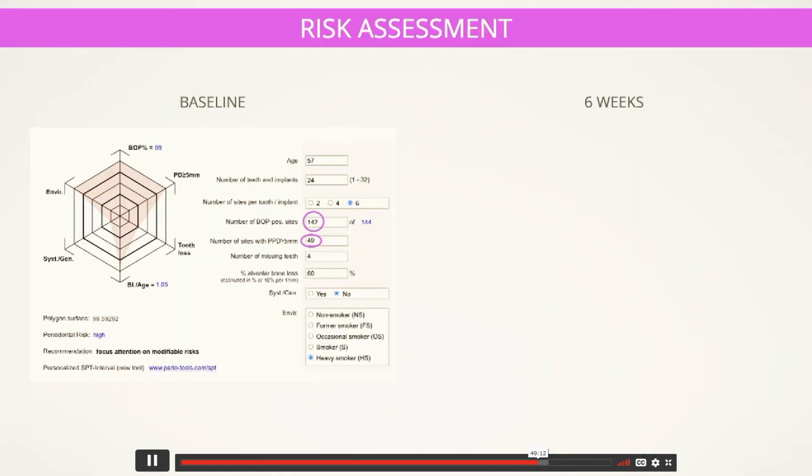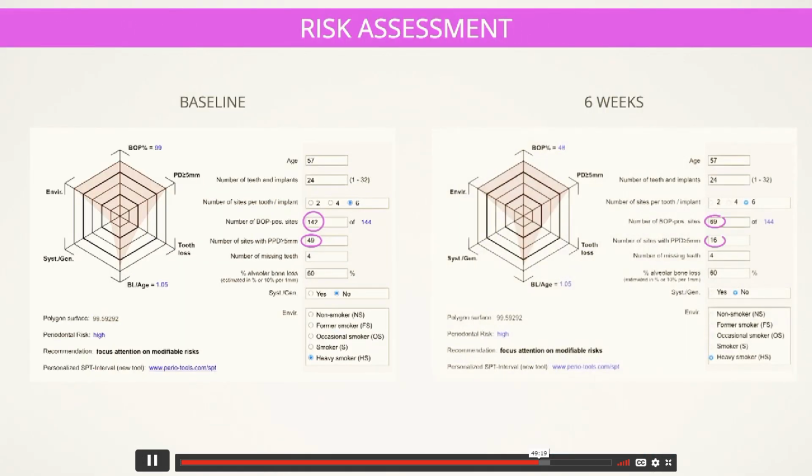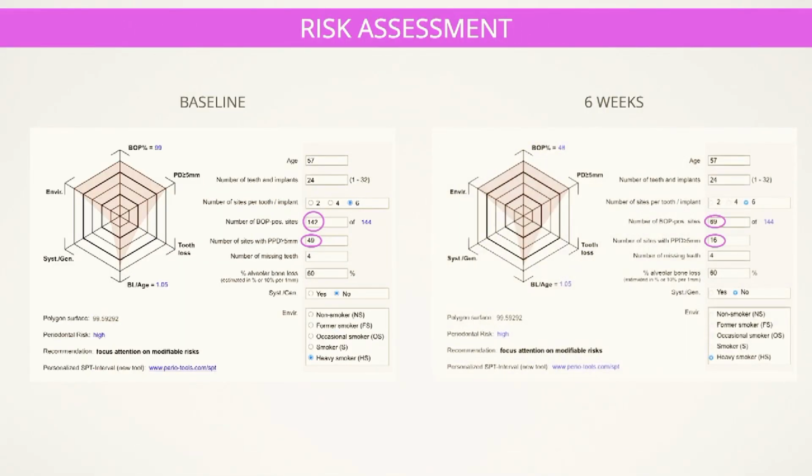A high risk for 2 reasons, because he is a heavy smoker and is not able at the moment to reduce the number of cigarettes per day, so we have this risk.